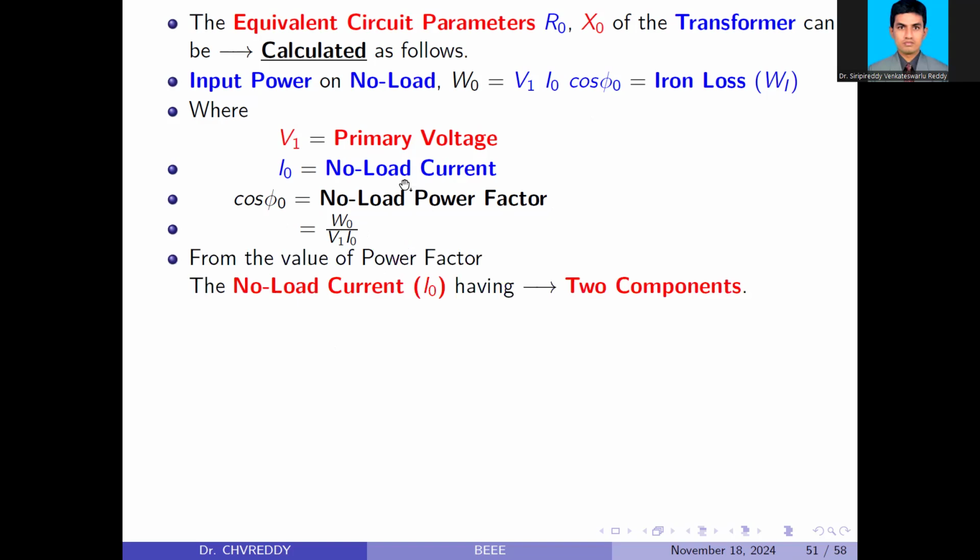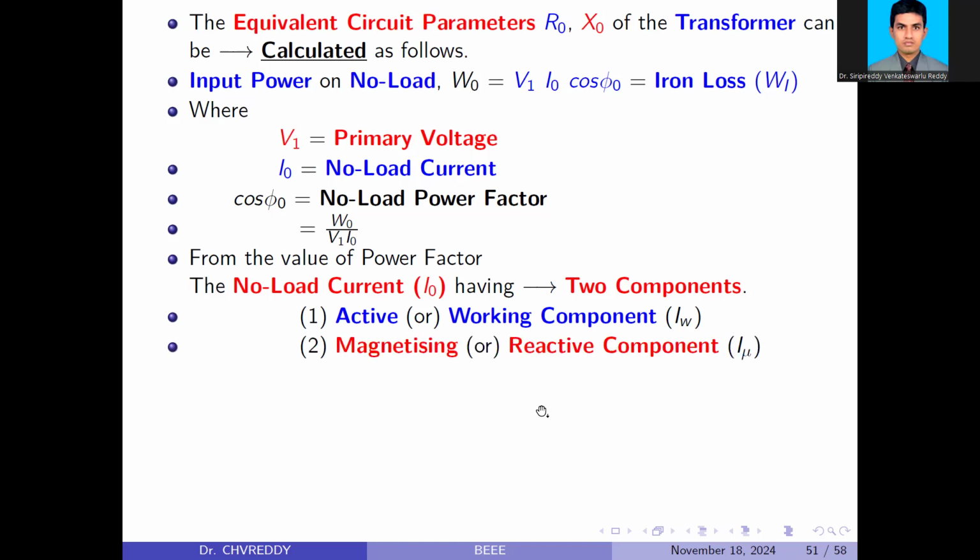From the value of the power factor, the no load current I0 has two components. The first one is the active or working component, indicated with Iw. The second one is the magnetizing or reactive component, indicated with I mu. This figure shows that both the active component and the magnetizing component are represented here.